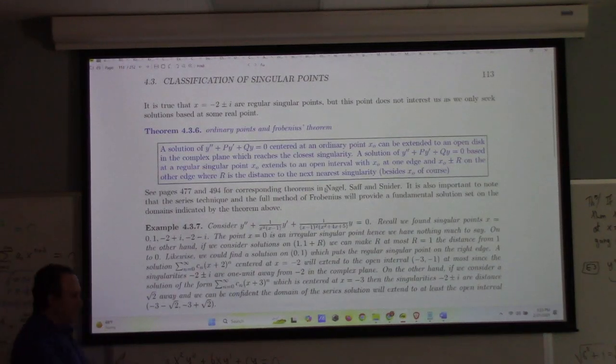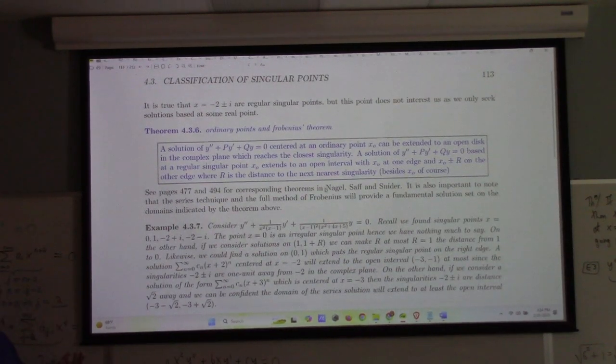Right? This has a singularity, right? 0 is a singularity for this. And in fact, it's a regular singular point, because if I multiply this by x squared, I just get c over a. And if I multiply this by x, I just get b over a. So 0 is a regular singular point for the Cauchy-Euler problem.